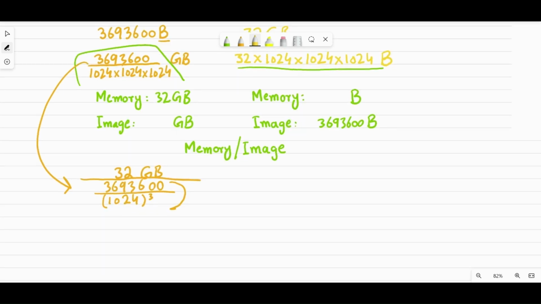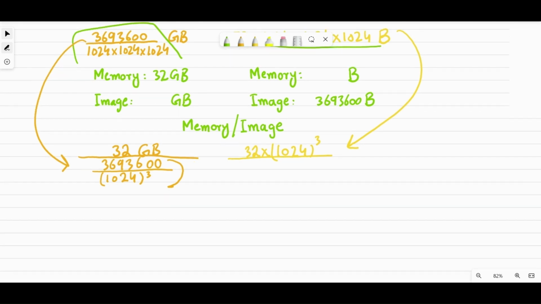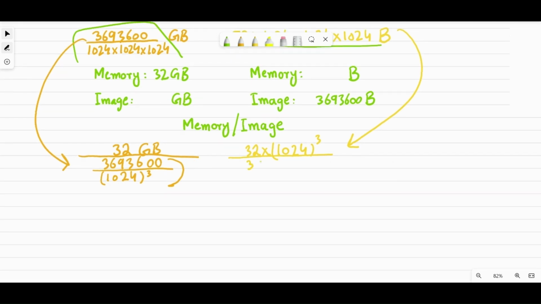So again, the image size in bytes, which is this, will come on the bottom, and on top 32 times 1024 cubed, divided by the size of the image in bytes, which is 3693600. Again, you solve this and you come up with two answers, one here and one here.